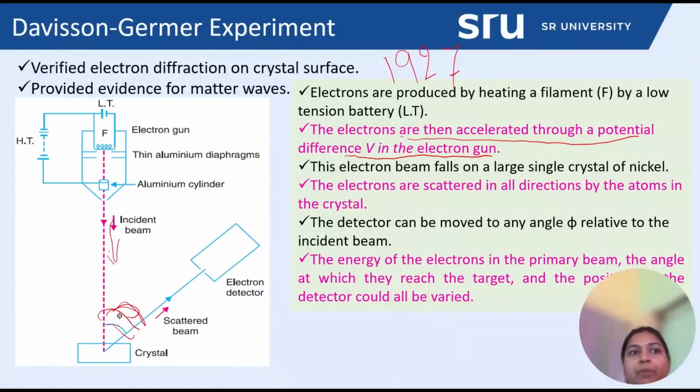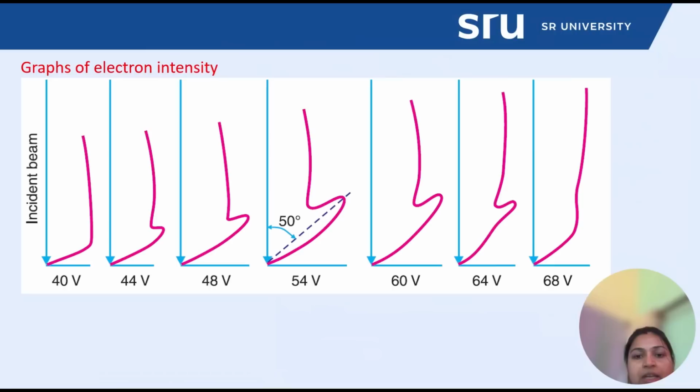The method of plotting is such that the intensity at any angle is proportional to the distance of the curve at that angle from the point of scattering. This observation was repeated for different accelerating voltages of the incident beam, and a number of graphs are drawn here.